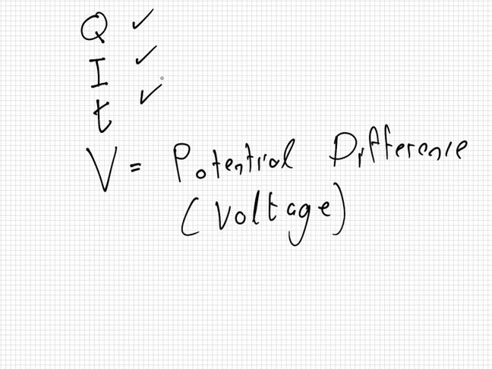So what do we mean by potential difference? Or we can call it voltage. You can think of it a bit like potential energy. It's actually important to compare it to that. So let me give you an example. This has potential energy.